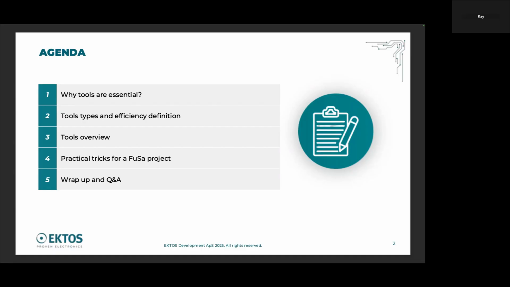And then Vadim will guide you through some extremely practical and effective tricks for functional safety projects, the ones that were probably gathered by Vadim by pulling a ton of hair from his head during the mistakes and some pitfalls he was falling into. And then we'll wrap up and have a Q&A session as well. So that's the plan for today, and we'll be following this plan.